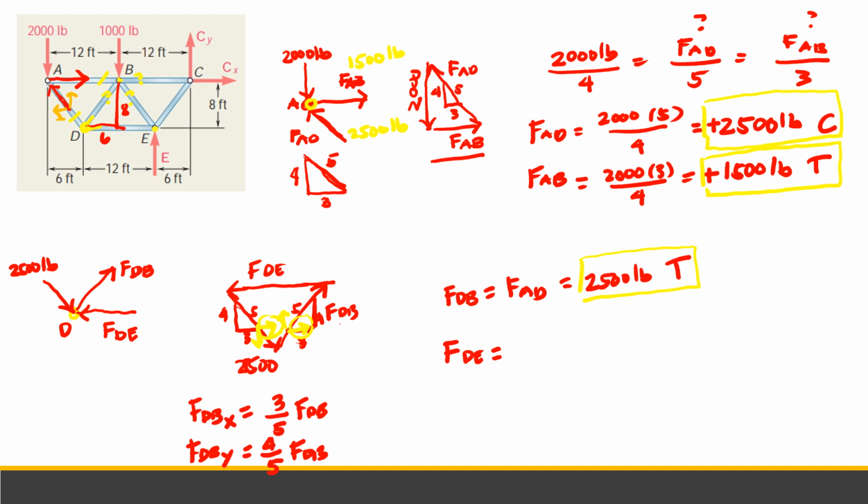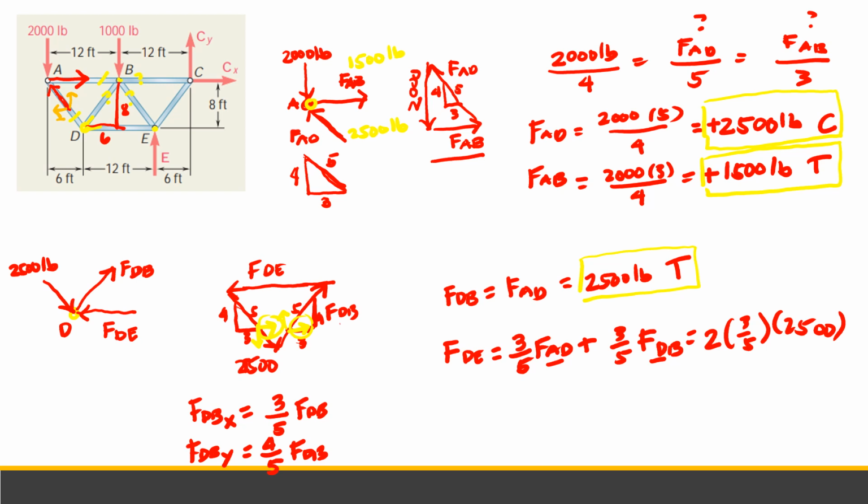So sa force DE natin, meron tayong dalawang X component, from force AD and force DB. So first is 3 over 5 of force AD plus 3 over 5 of force DB. Since force AD and force DB are both 2,500, we can say 2 times 3 over 5 multiplied by 2,500, or you can solve it as is.